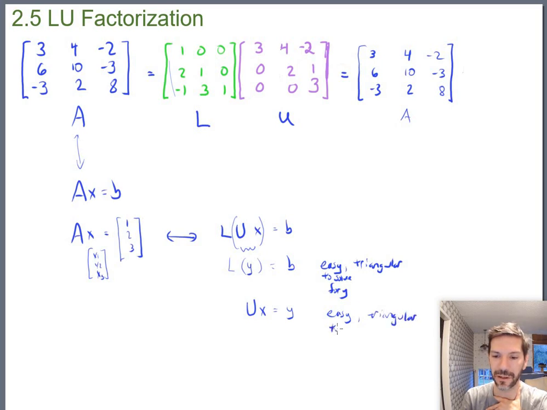So easy to solve for x. So that's just a little bit of the theory. In the next video, we're going to look at an actual example of how to do this. So I will see you there.